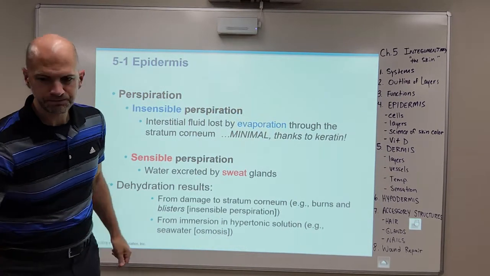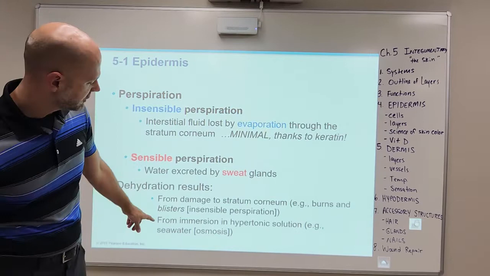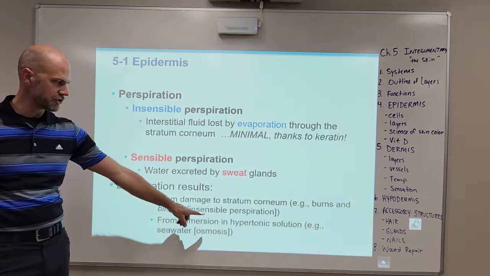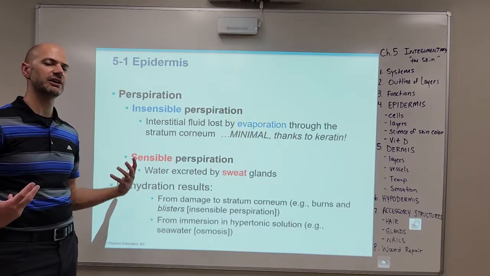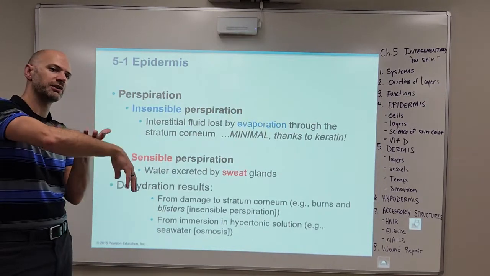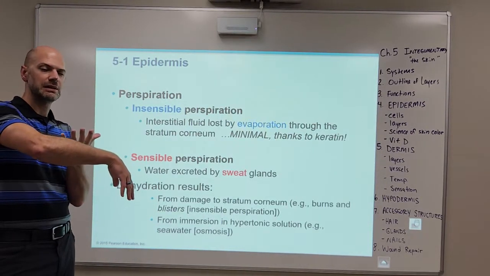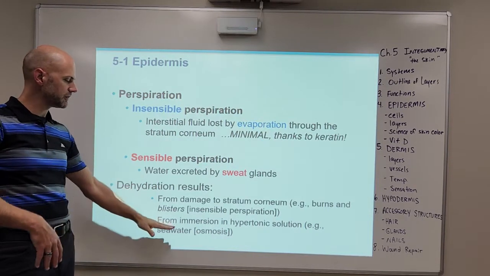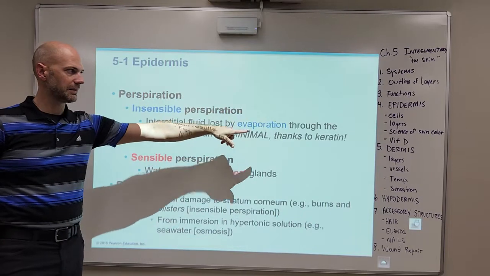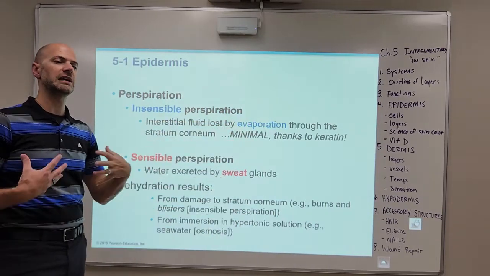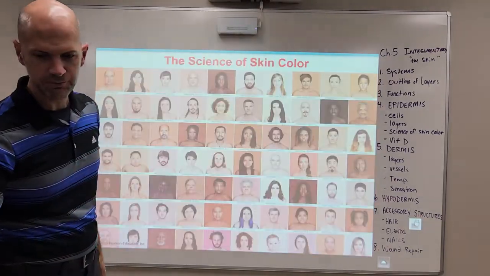Also, you can get dehydrated through immersion in a hypertonic solution like salt water. It's a way of drying you out because, surrounded by salt water, there's going to be an increased movement of water due to osmosis. But again, our keratin is doing a pretty good job of keeping the water inside of us.